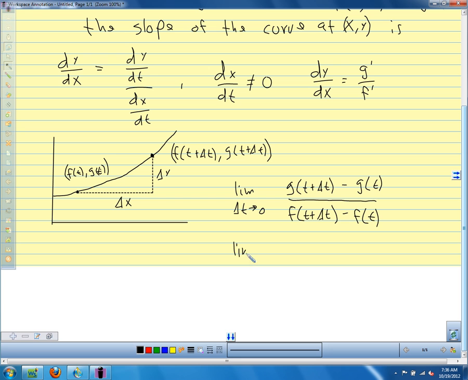So this is the limit as delta t approaches 0 of our same quantities, g of t plus delta t minus g of t, divided by delta t. And that is in our numerator and our denominator. We just have the same quantities with f, and we're dividing that by delta t.